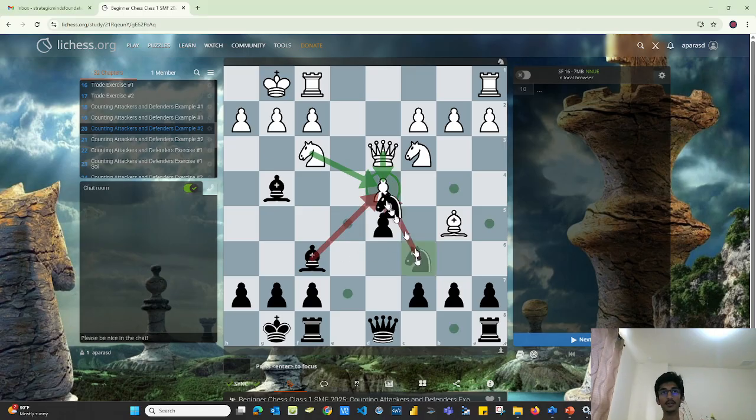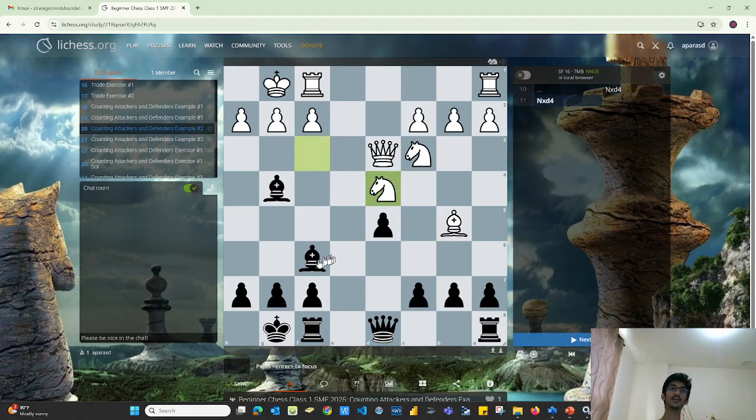We can go through the sequence: first he would take with the knight, and then white would take with the knight, and then black would take with the bishop, and then white would take with the queen. And at the end of everything, white has a knight and black doesn't. And black has a pawn, but knights are worth more than pawns. So this trade is actually not good.